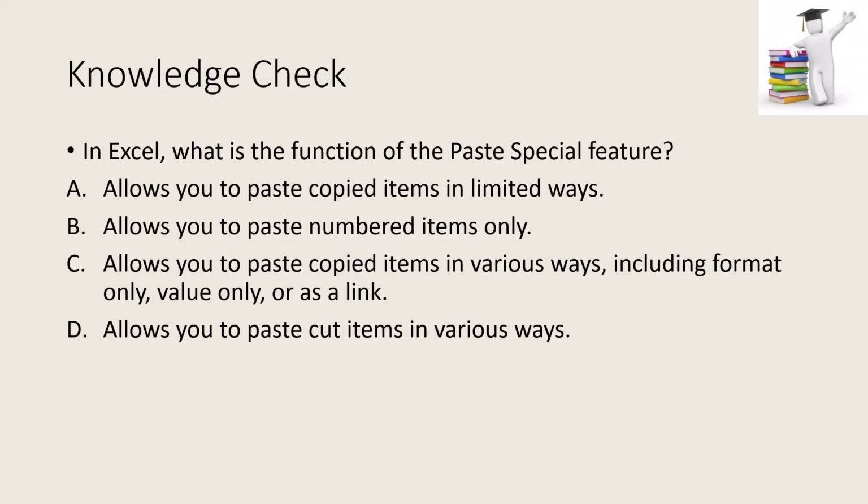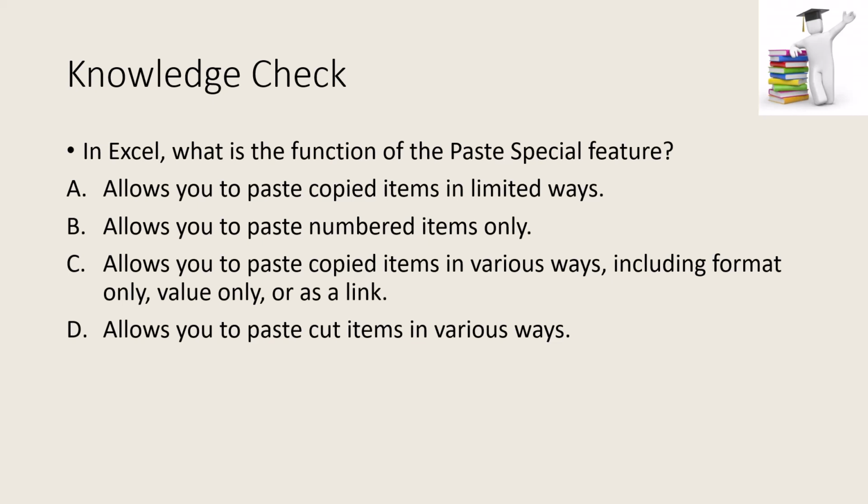In Excel, what is the function of the paste special feature? A. Allows you to paste copied items in limited ways. B. Allows you to paste numbered items only. C. Allows you to paste copied items in various ways, including format only, value only, or as a link.